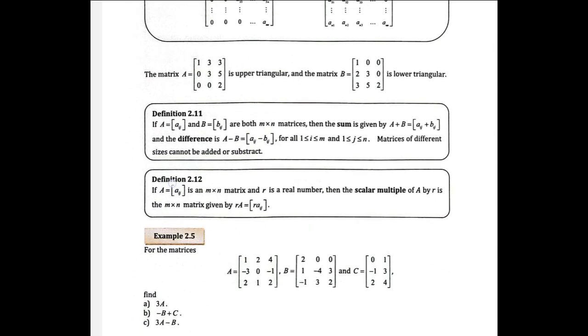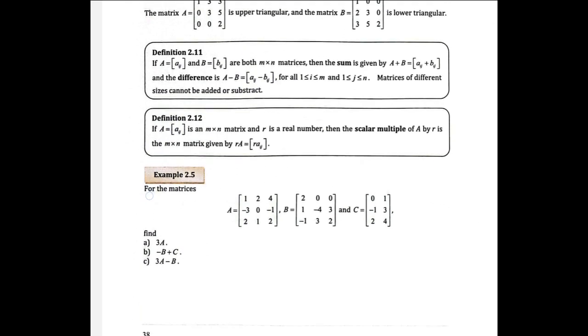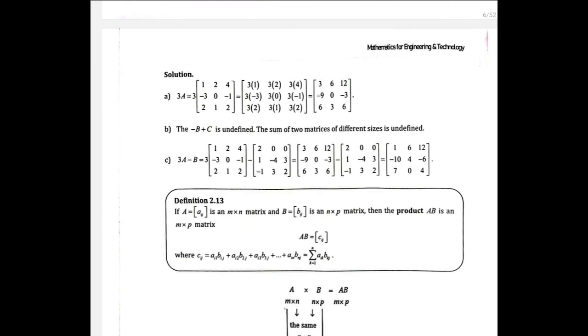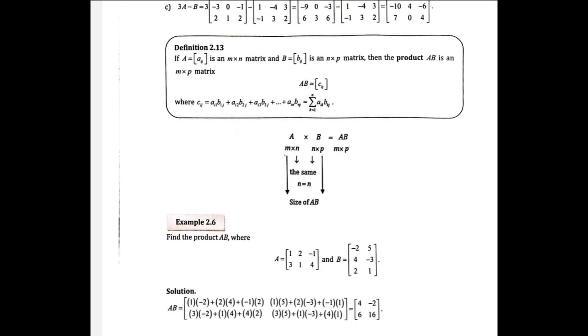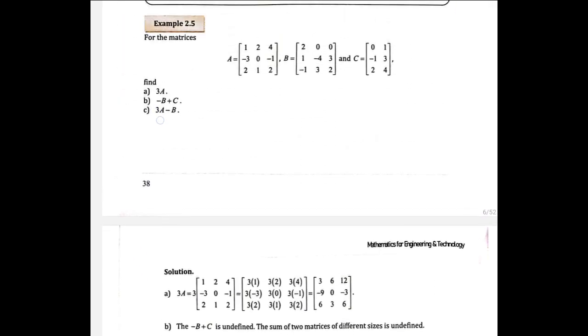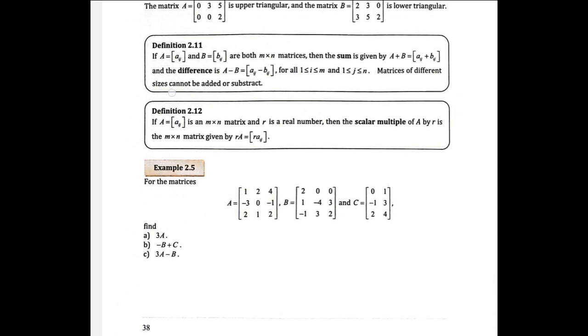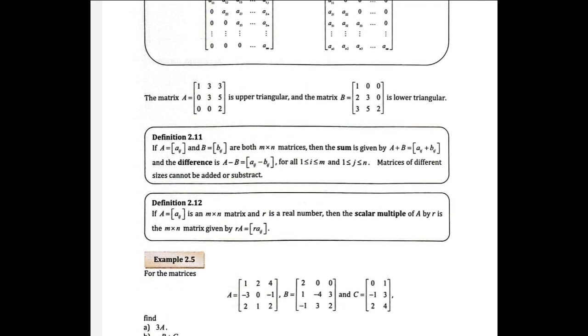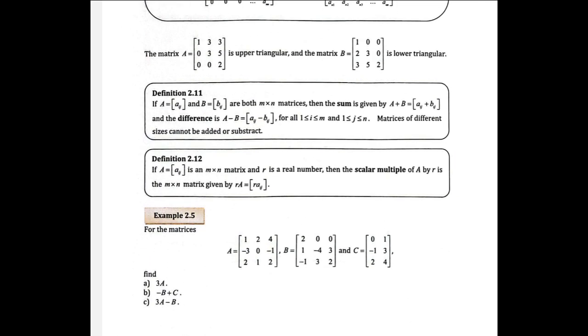Now that we have learned about the matrix types, the next thing to do is to learn about the matrix operations. Just like real numbers, we have the basic matrix operations. So let's look at the sum and subtraction. When you are summing matrices, you're summing them by element.